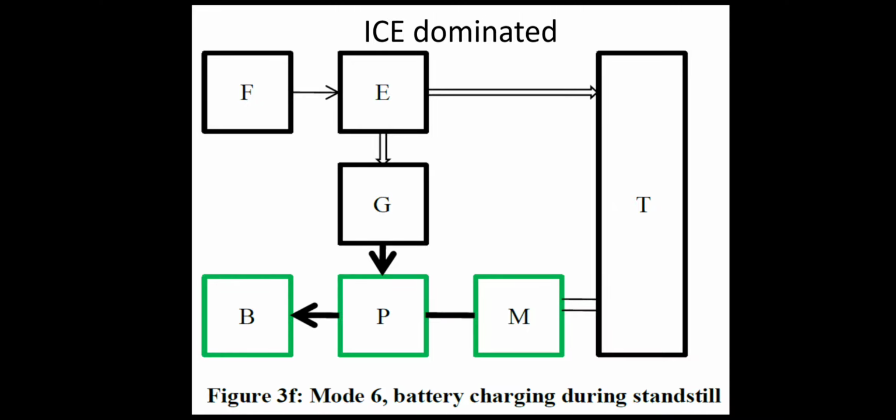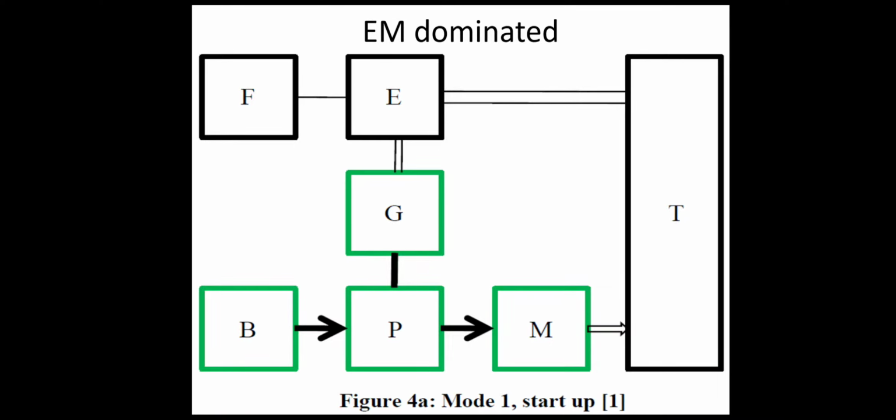Now next we have to see the electric motor dominated system. The first mode is during the startup. The electric motor provides the traction power, and the IC engine remains in the off state. During starting, same as the previous one, the electric motor delivers the traction power to drive the vehicle.